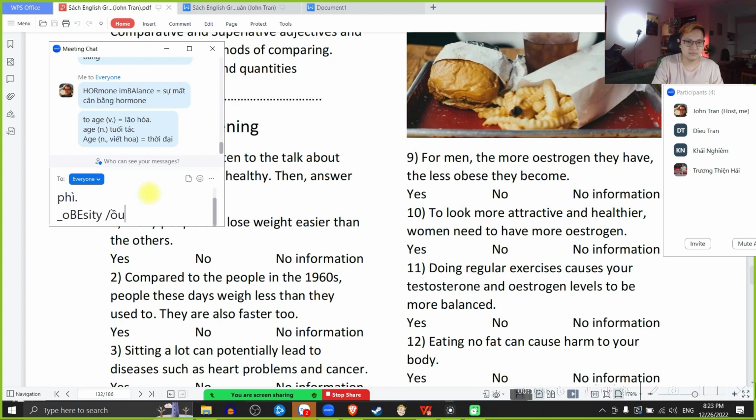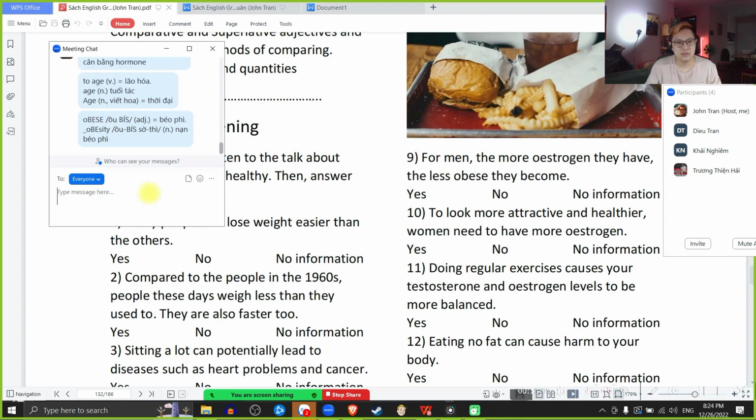Obesity. Nạn béo phì. Obese. Đối với đàn ông, càng nhiều estrogen họ có thì họ càng trở nên ít béo phì hơn. Is it yes or no on information? Các bạn phải tìm được.